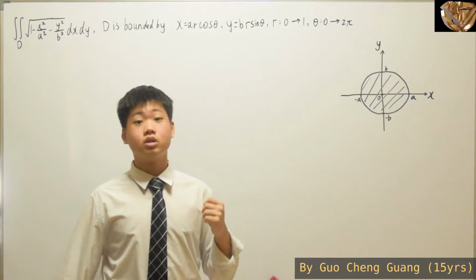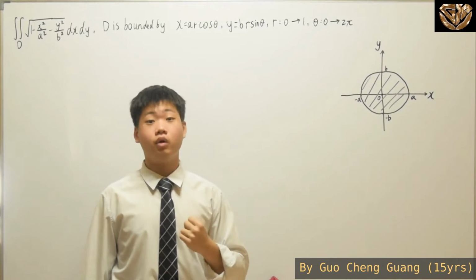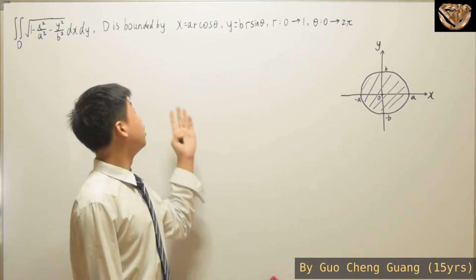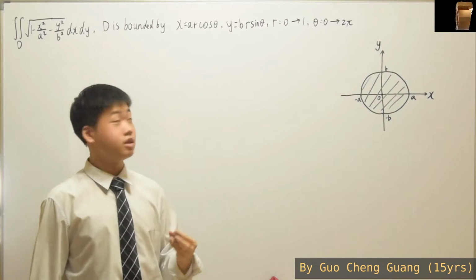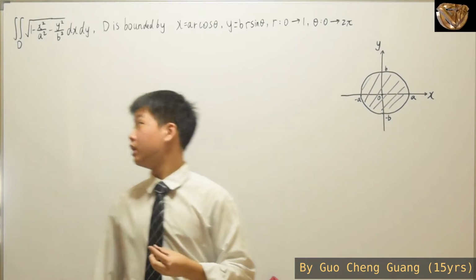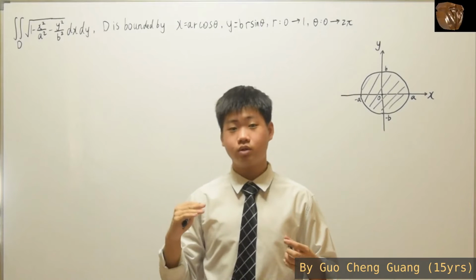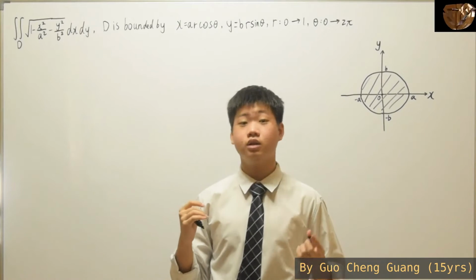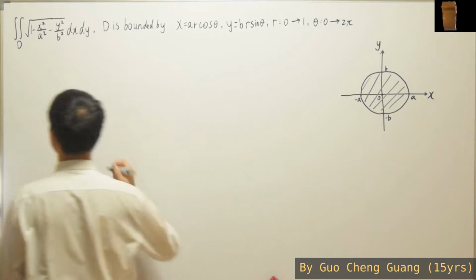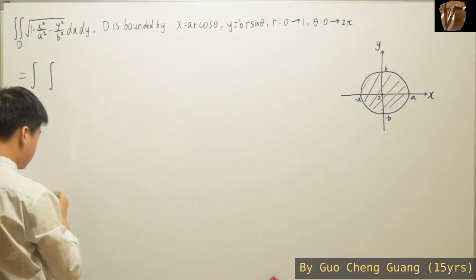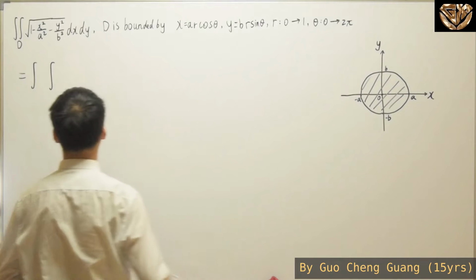Right? So how are we going to integrate this now? Since this is not your conventional x is equal to r cosine theta, y is equal to r sine theta, that means when you have a little conversion, it will be slightly different. So how different exactly is this slightly different? How about we substitute x and y in first.